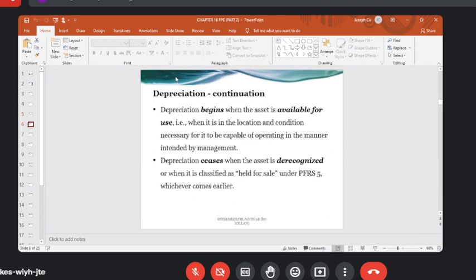Depreciation begins when the asset is available for use, when it is in the location and condition necessary for it to be capable of operating in the manner intended by management. Depreciation ceases when the asset is derecognized or when it is classified as held for sale under PFRS number 5, whichever comes earlier.